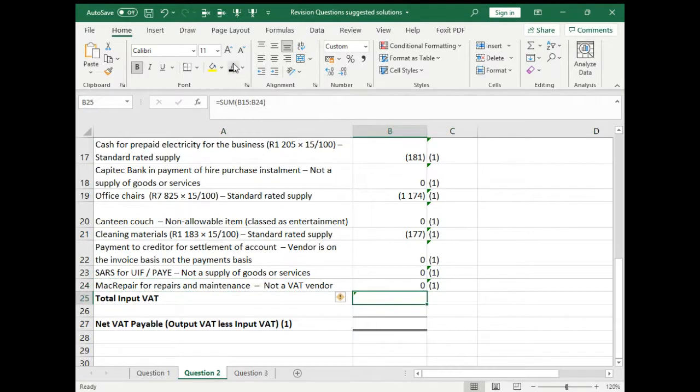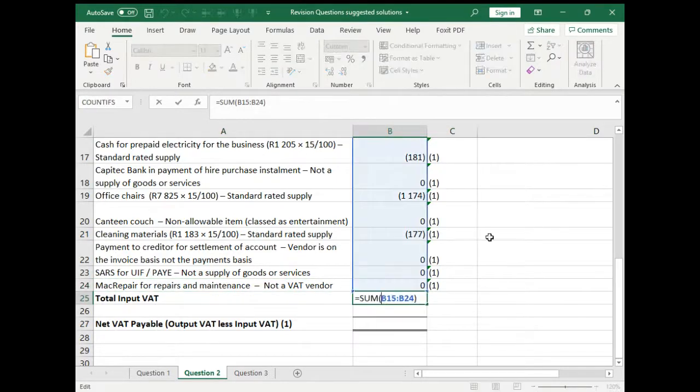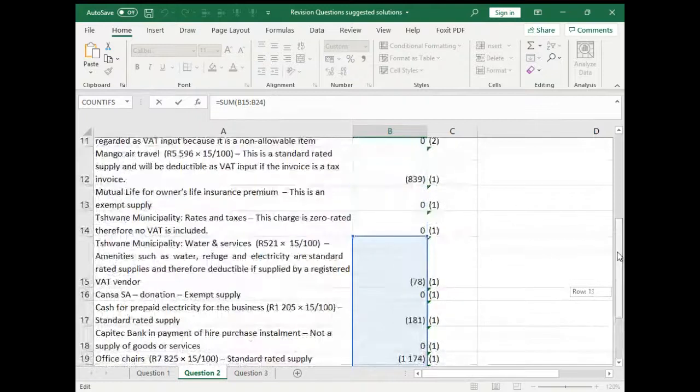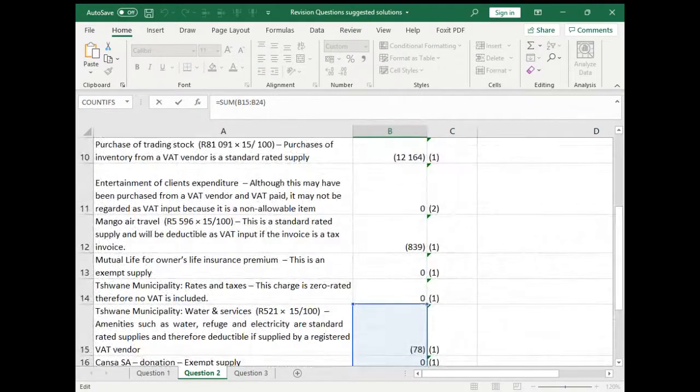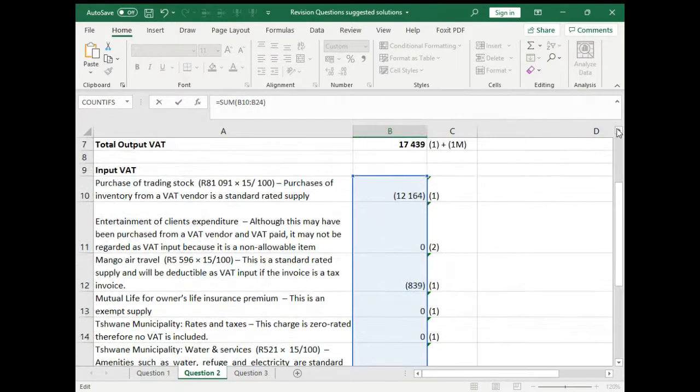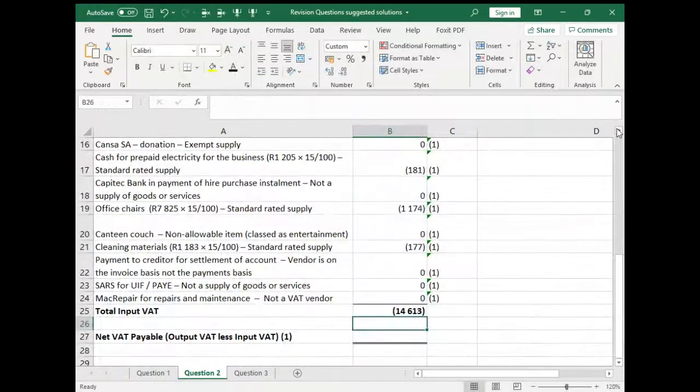Then you add all of that together to get to, let's just make sure I've added everything. Okay, so that means the total input VAT was 14,613.